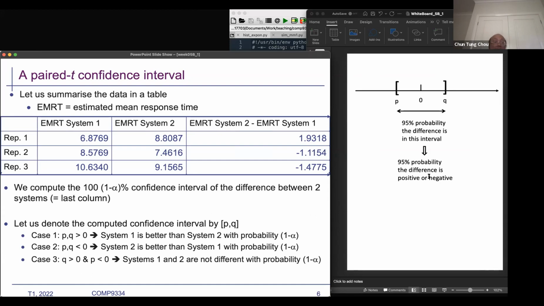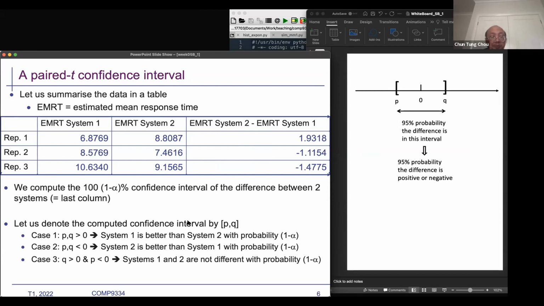But if you compare 2 confidence intervals, the conclusions you can make are: system 1 is better than system 2 with a certain probability, or system 2 is better than system 1 with a certain probability, or you cannot tell the difference between them with a certain probability. That is the difference between making a decision using a confidence interval and using a formula. Okay, so these are the 3 possible outcomes.